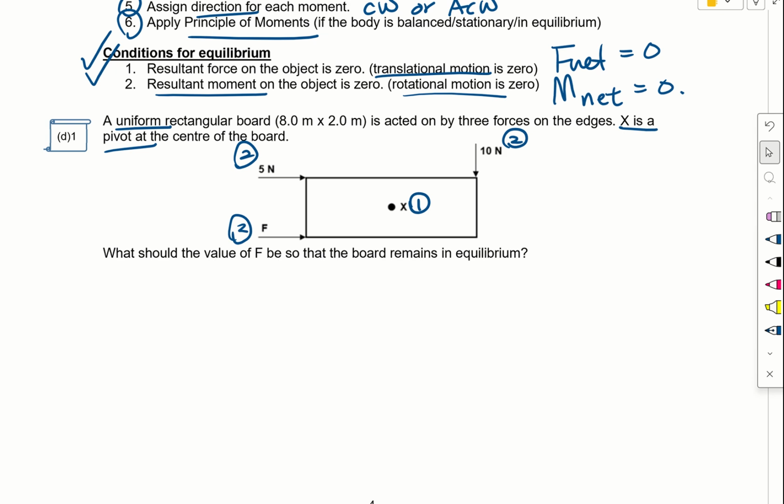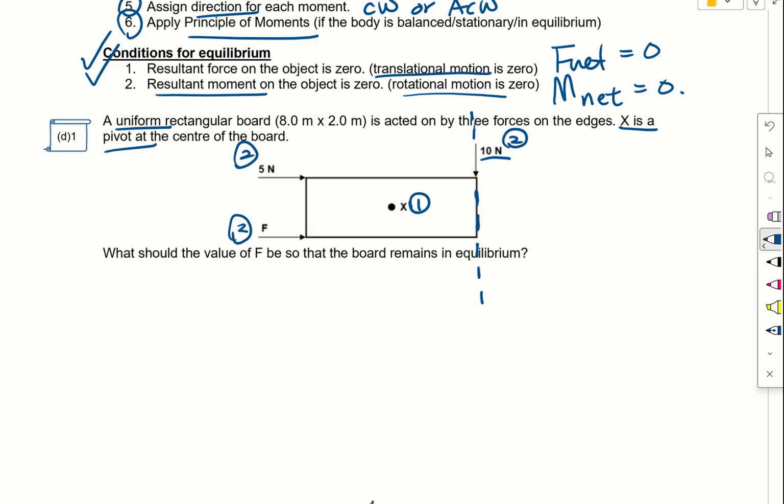Okay, so since we have identified 3 forces, there will be 3 perpendicular distances. Now in order to identify the perpendicular distance of each force's line of action to the pivot, we need to draw the line of action for each force. Let's start with the 10 Newton. Very easy. We just extend the force with a dotted line front and back.